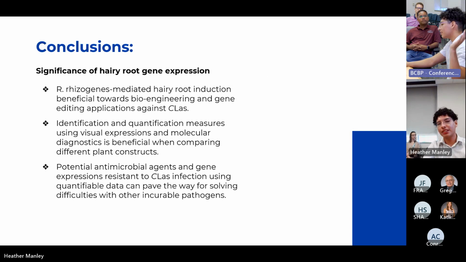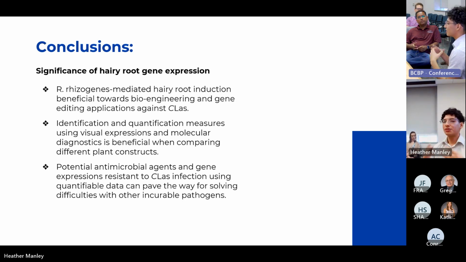The conclusions that I implemented on this slide: I just wanted to talk about an overview of hairy root induction, its prevalence in the plant pathology field, and also talk about how CLAS is still an ongoing battle that we are trying to ultimately overcome. So our rhizogene-mediated hairy root induction is beneficial in gathering data.